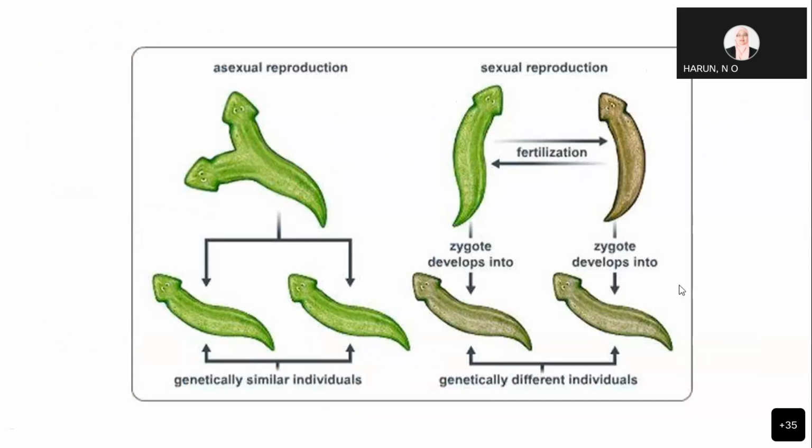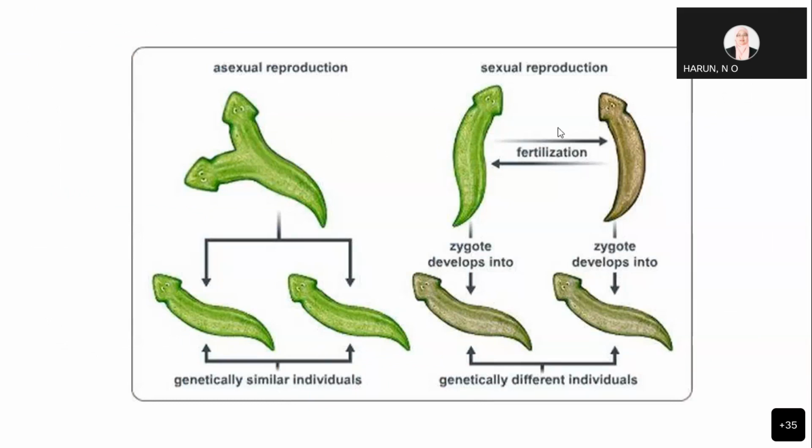Tengok the differences between sexual dan juga asexual reproduction from this particular Planaria. Daripada satu, asexual, then they will divide into two. Genetically similar individu. Of course, sebab dia datang dari individu yang sama, cuma dia divide into two.